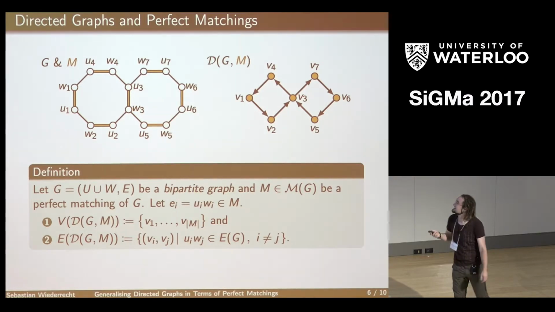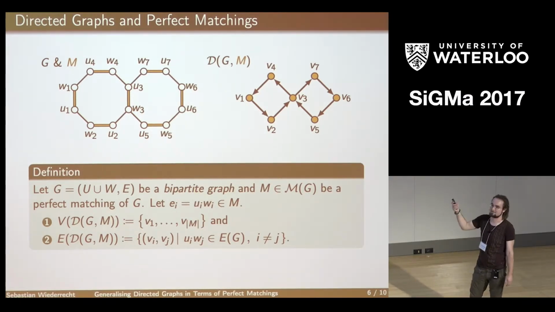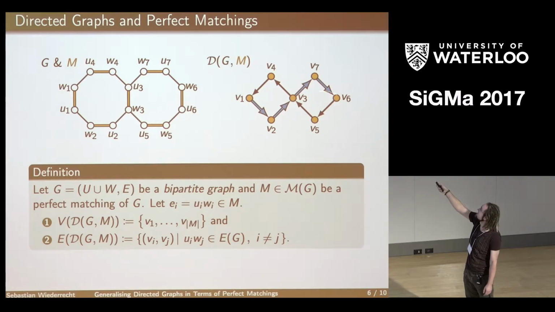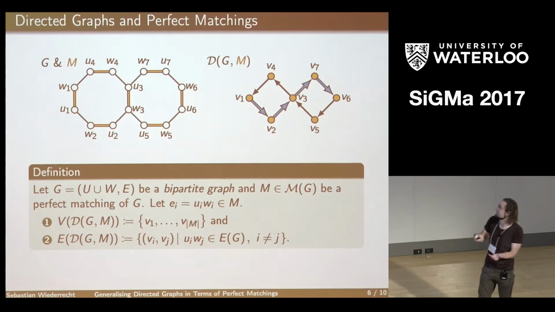Okay, so next up we want to know what a path is. And for edges, this is already clear, right? A path of length 1 is basically an edge starting at the vertex of U, ending in the vertex of W. And if we look at the directed graph here, a path is simply an extension of this, hitting in between these edges, these vertices that were edges before.